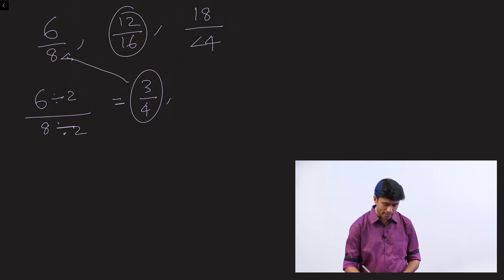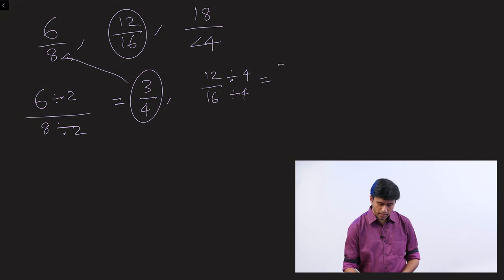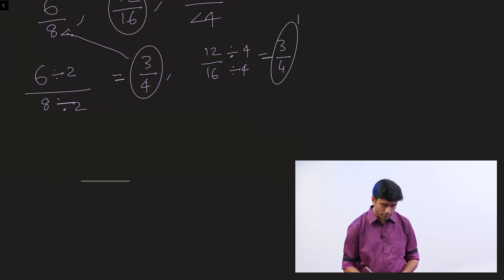What about 12 by 16? 12 by 16, if you divide it by 4, 3 by 4. What about 18 by 24? The common factor is 6. So divided by 6, 3 by 4.